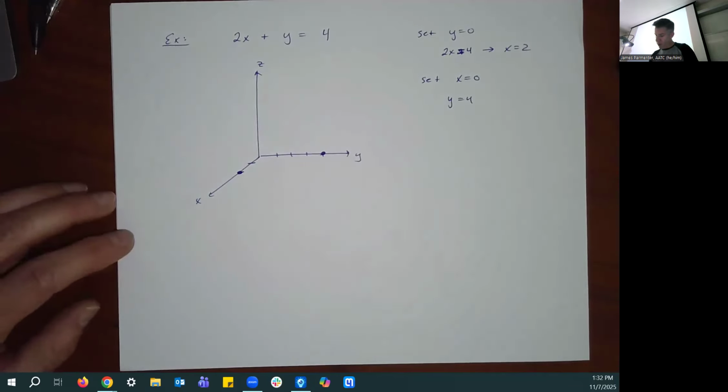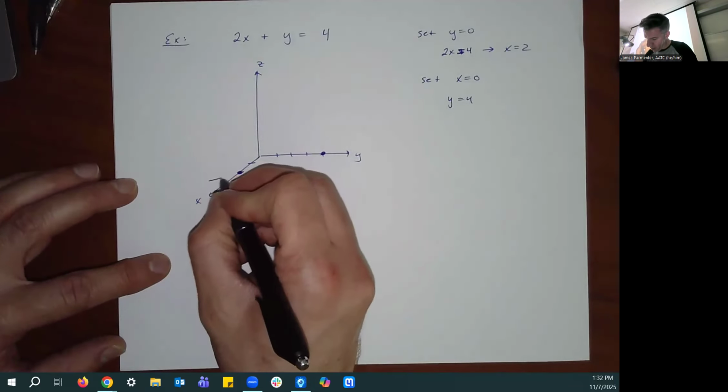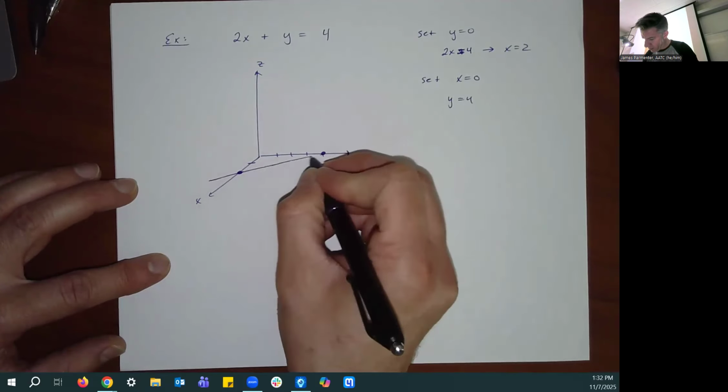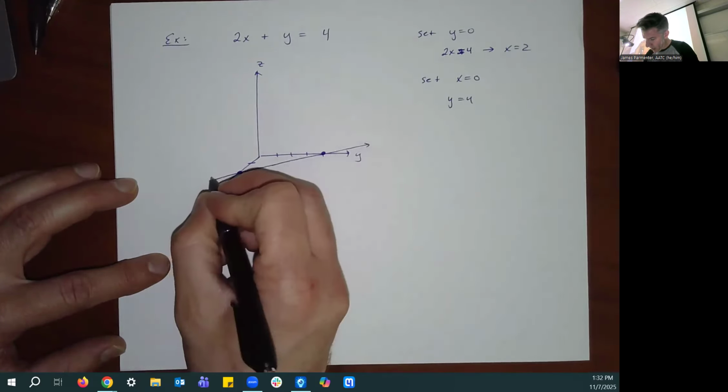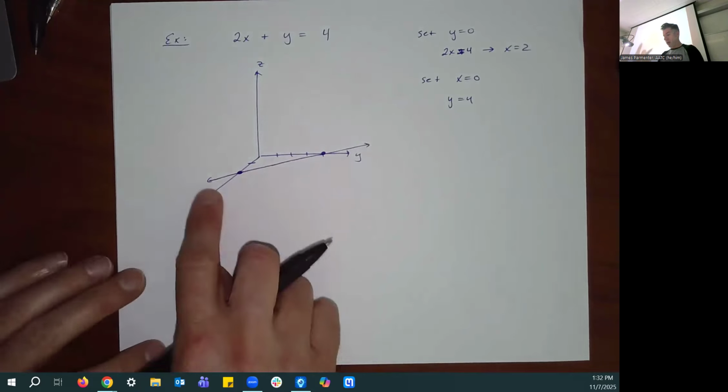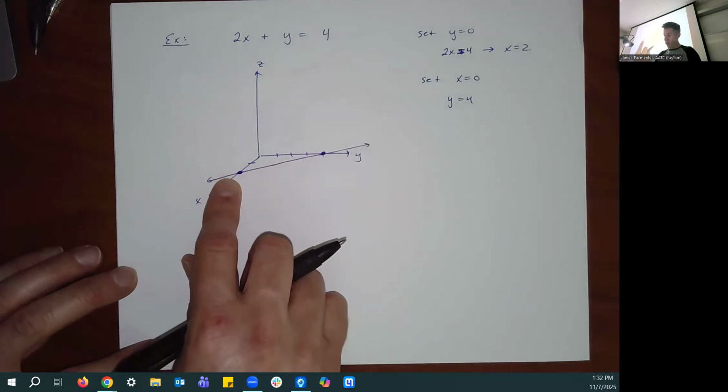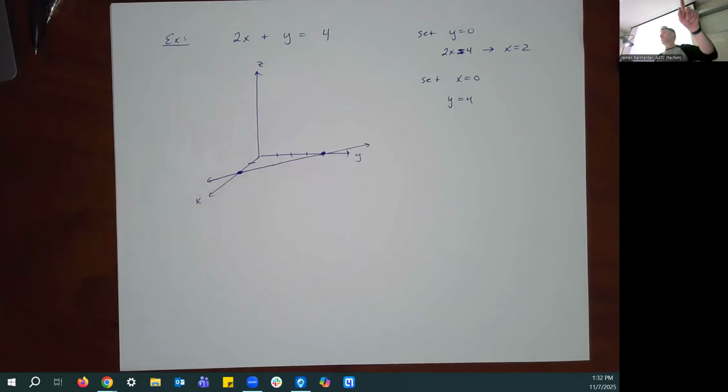So here's part of what I'm graphing. And this line that's going through my x-intercept of 2, my y-intercept of 4. But just like the previous things where we were missing a couple of variables, here we're also missing the variable z.